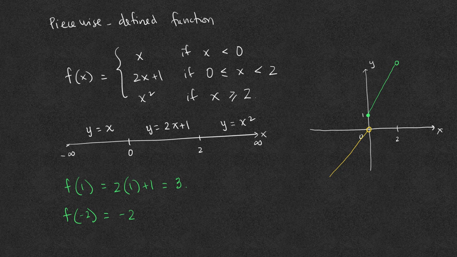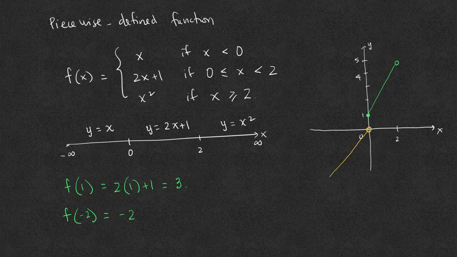To graph the last piece, we note that this is y equals x squared, which is a parabola, and 2 is included in the restricted domain for this parabola. When we plug 2 into this last formula, we see that 2 squared equals 4.